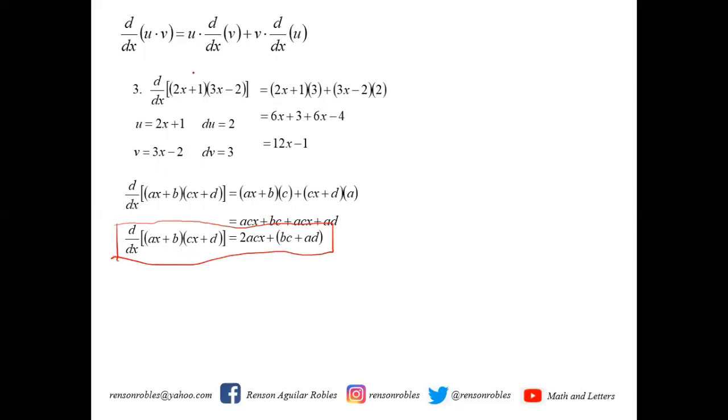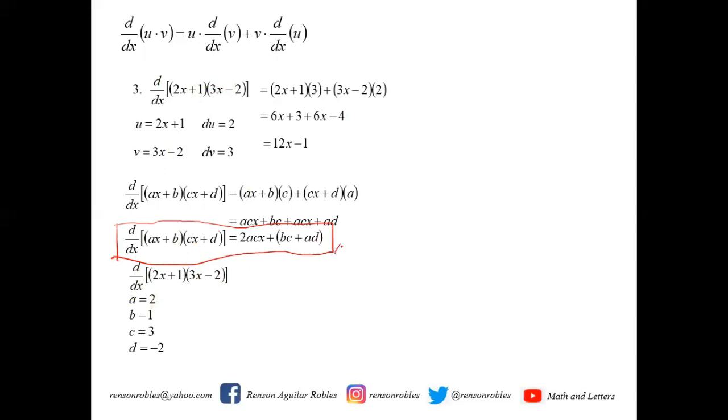Again, we shall verify this derivative. Say, derivative of 2x plus 1 times 3x minus 2. Here, a is equal to 2, b is equal to 1, c is equal to 3, and d is equal to negative 2.